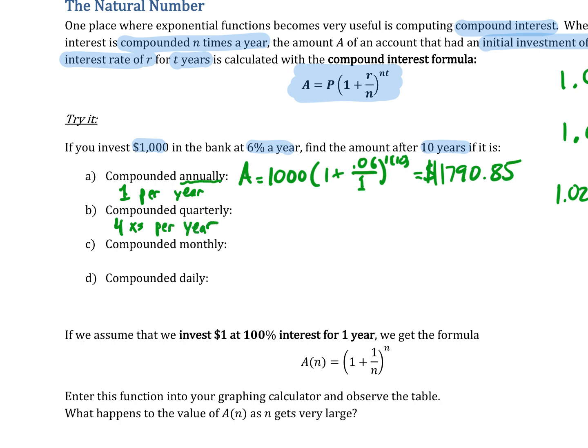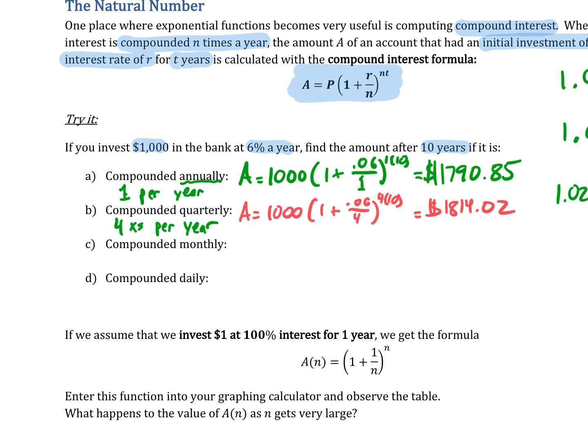Then we're going to get a little different amount. So we have 1,000 times 1 plus 0.06 over 4 to the 4 times 10, or the 40th power.